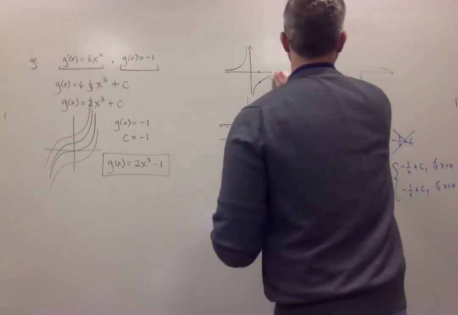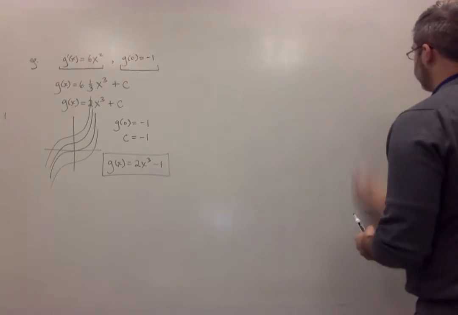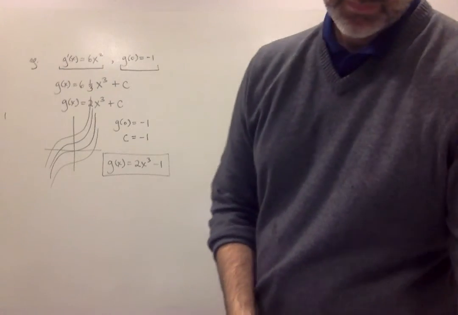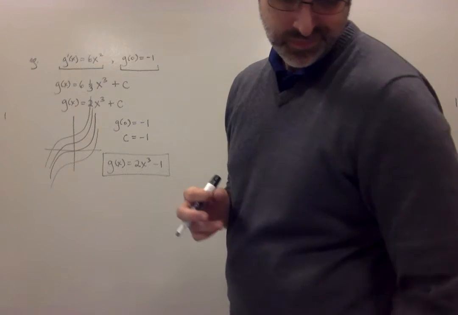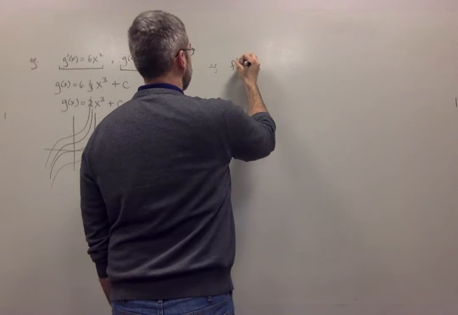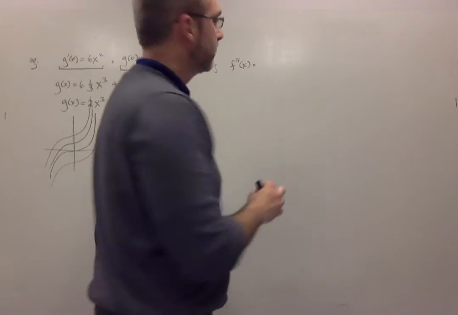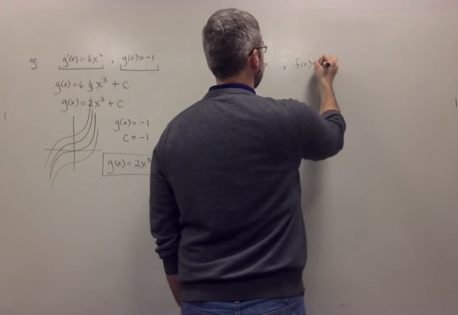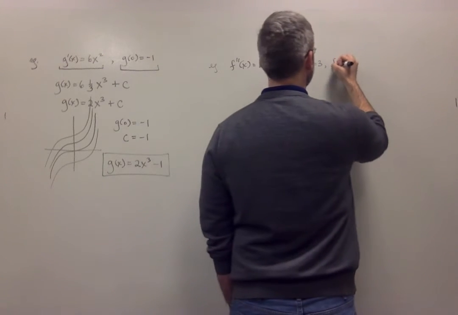Okay. Let's try one more example of that. I have a function whose second derivative is 6x, and when you plug 0 into the original function you get 3, and when you plug 0 into the derivative you get 2.